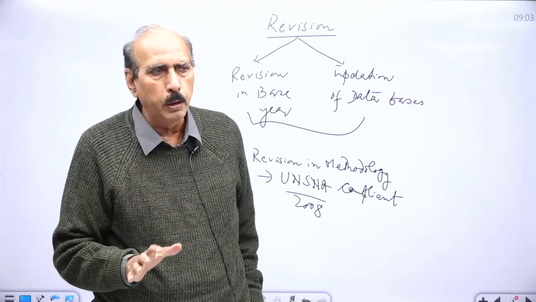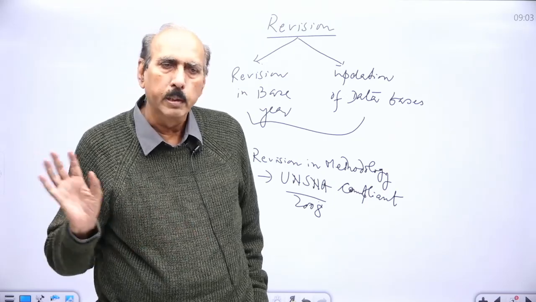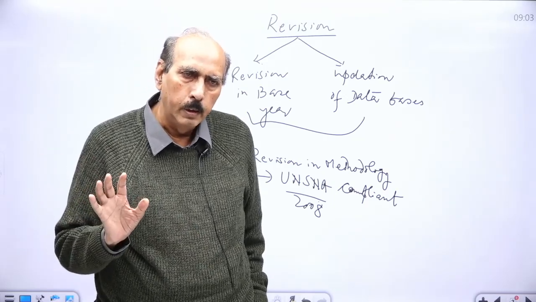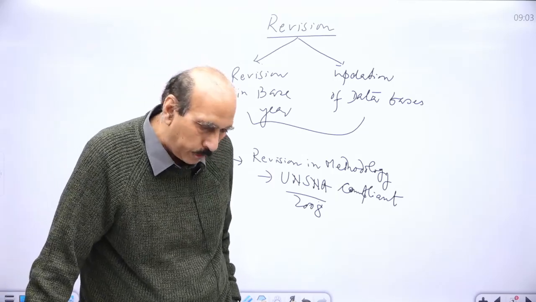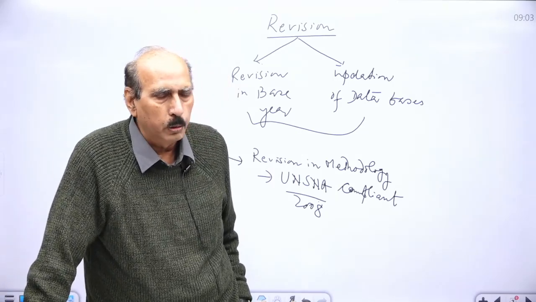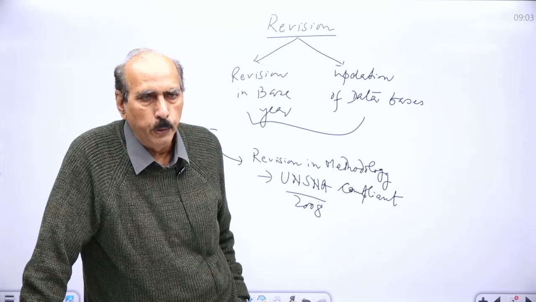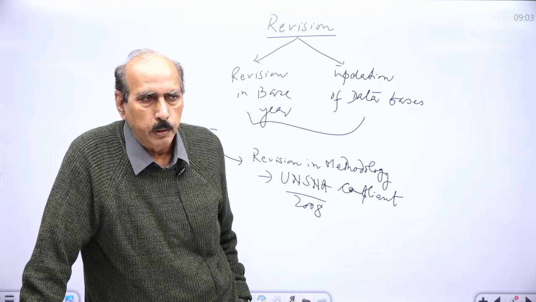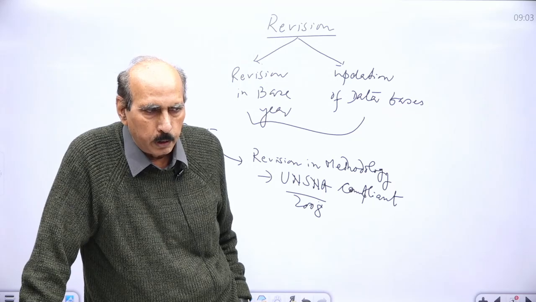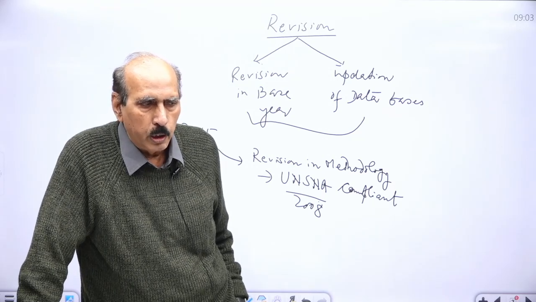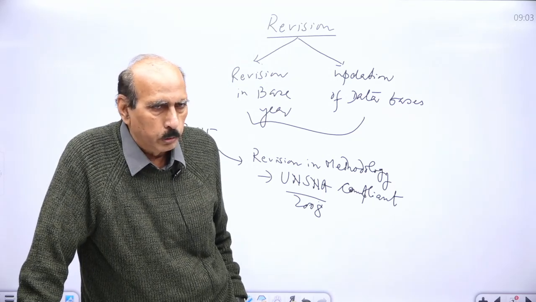So we have only two methods, product method and the expenditure method. Clear? So we are using either of the two methods. But when we use the product method or expenditure method, we have to make sure that GDP is estimated at two prices. One is basic price, other is market price. So what is basic price and what is market price, that we are going to discuss.